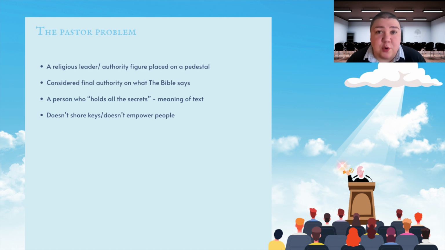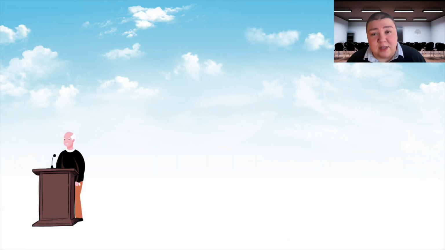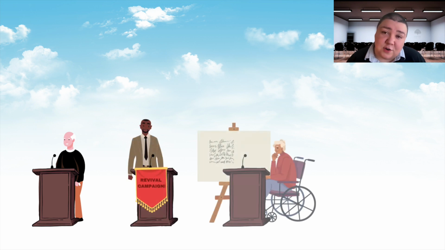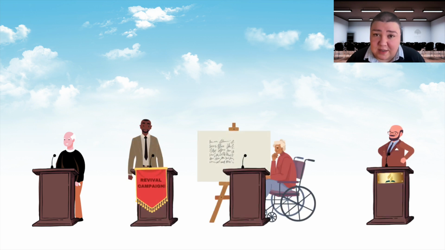The pastor is viewed as a person who holds all the secrets to unlocking the meaning of the text and doesn't really seem to share any of the keys which would allow others to access them as well. This role is not always held by a pastor, but you can substitute it with evangelist, professor, or general conference president.